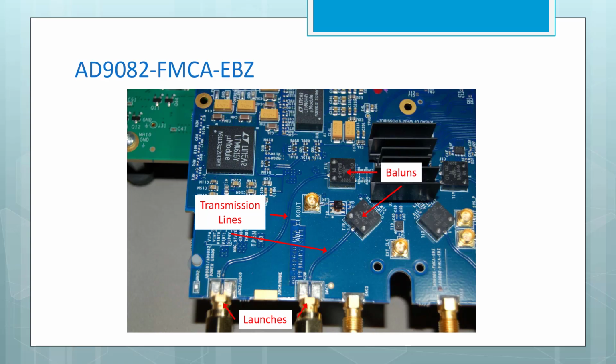Also, we have transmission lines, we have launches that convert from the transmission lines to the SMA cables that we're using. All of these components are imperfect. And the trick in doing good RF design is to use these cost-effective, imperfect, different components and get better performance than we would expect from the raw performance of these particular components.